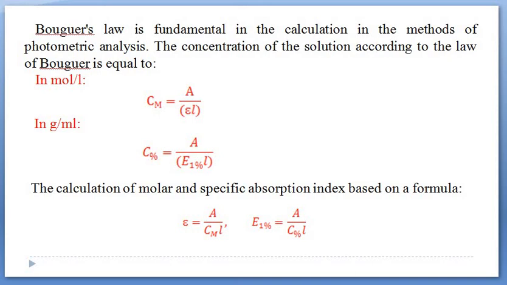The concentration of the solution according to the law of Bouguer is equal to, in mol per liter, Cm equals A divided by epsilon L, and in grams per milliliter, C% equals A divided by E multiplied by L. The calculation of the molar and specific absorption index is based on the first and second formulas. From these equations we find epsilon and E.